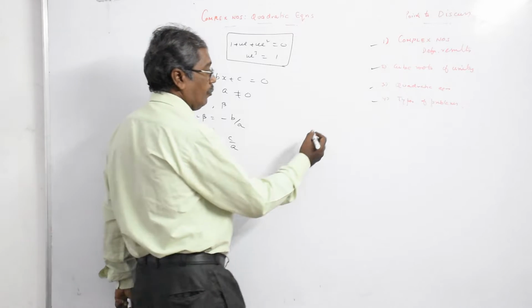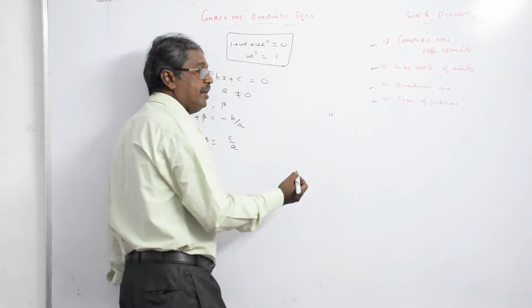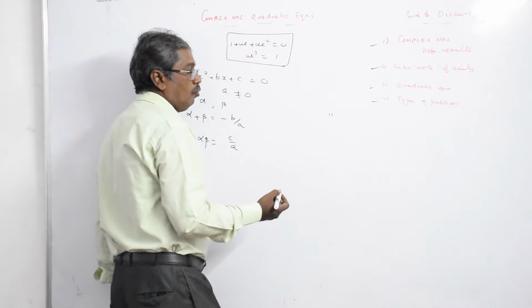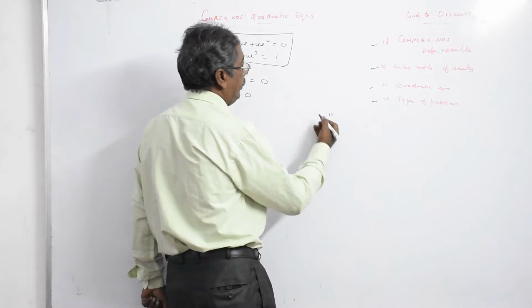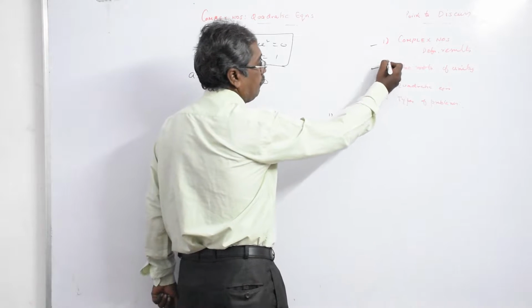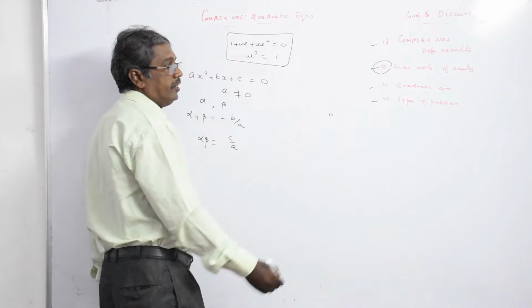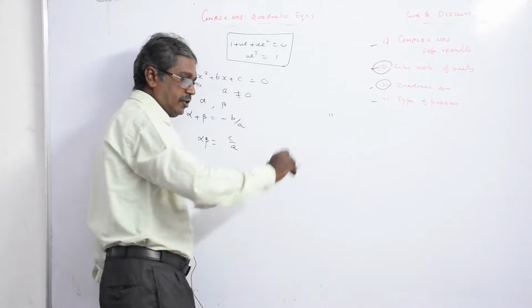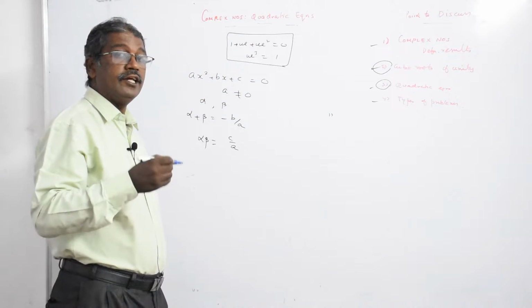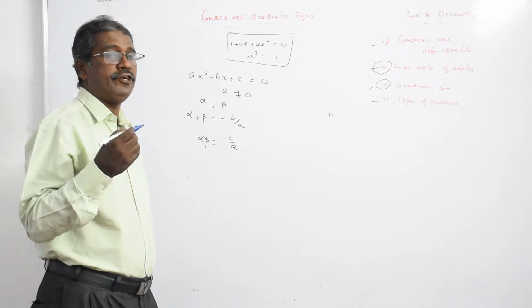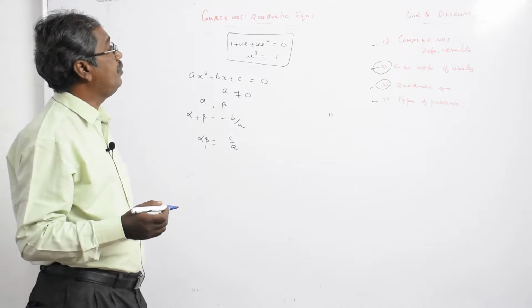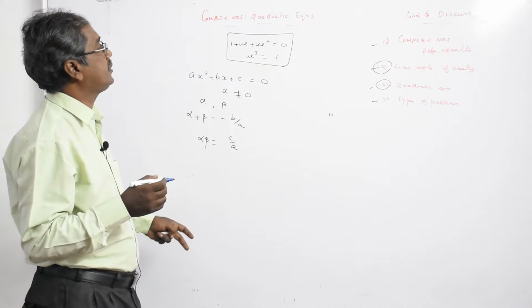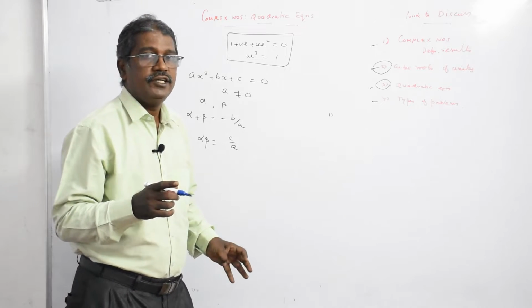I've already told you the problems are mostly based on two things. One is based on the cube roots of unity, and the other is based on quadratic equations involving trigonometric ratios. Again, we'll come to solving the quadratic equation by using some trigonometric ratios. So we are in a position to teach complex numbers along with quadratic equations.